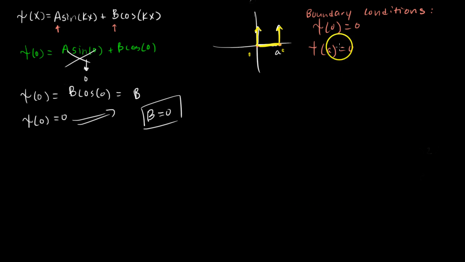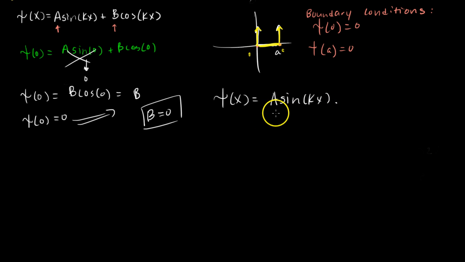So we're plugging our boundary conditions into the wave function that we've just got, and then solving for these constants a and b. We found that b is equal to 0. So now we have a nice and improved wave function, which is now just a sine of kx.